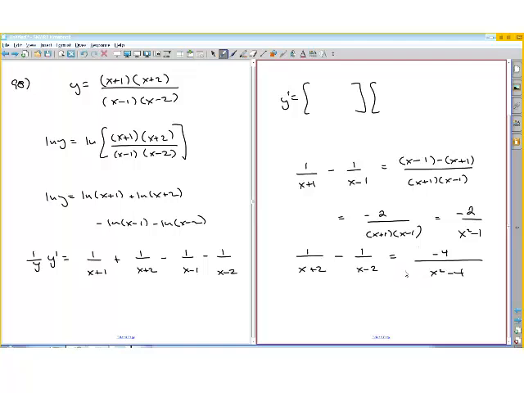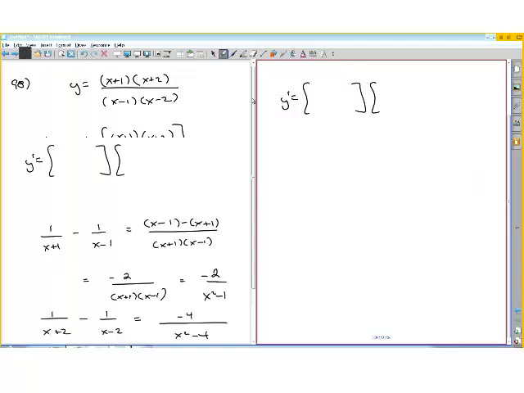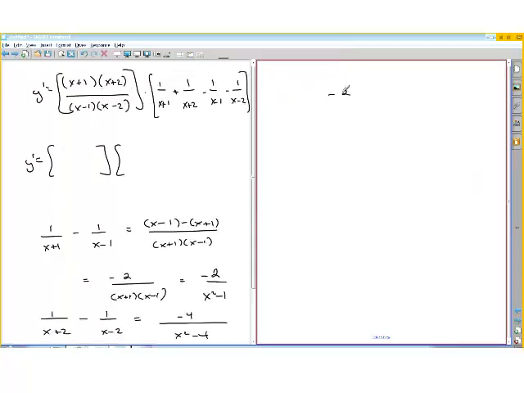Okay, so that's that part, and then you can combine these two terms into something. So if we take negative 2 over x squared minus 1 minus 4 over x squared minus 4, and then you have two terms again, so you can just cross multiply.